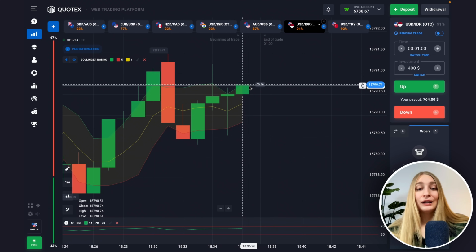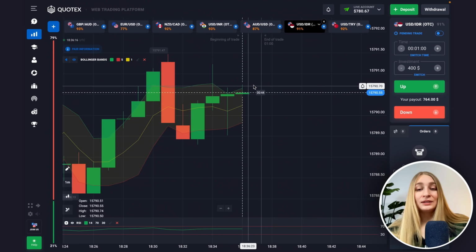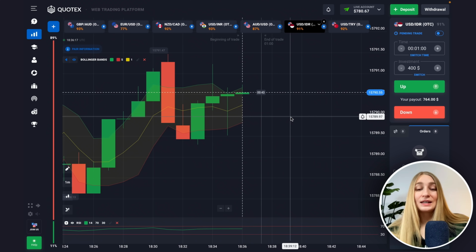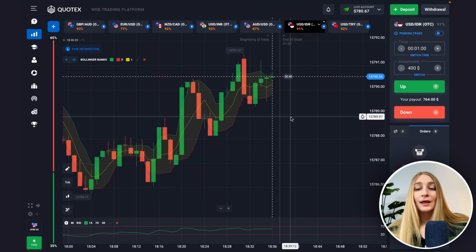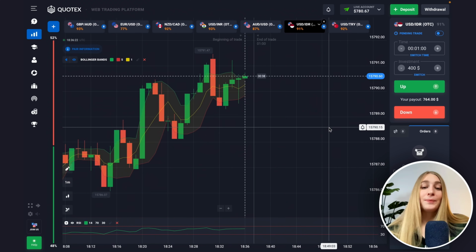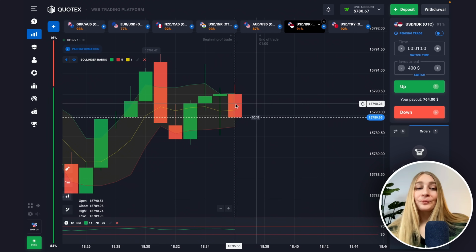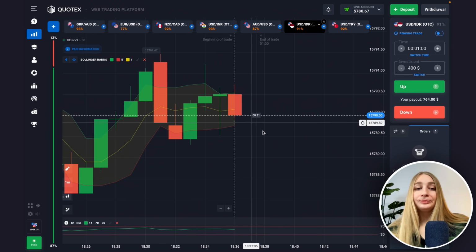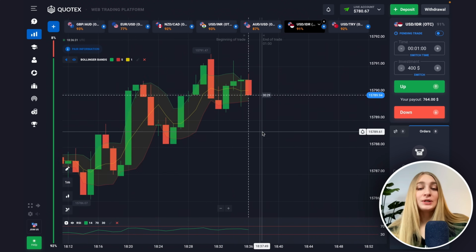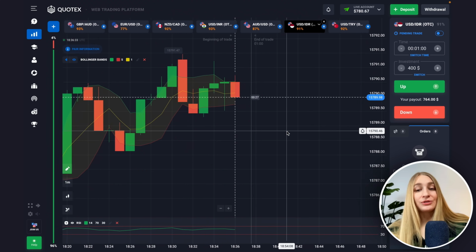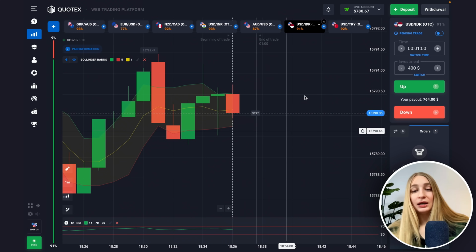And yeah, right now after this doji candle, I see that the graphic is going a little bit up, but still without good strength. Yeah, like this. That's because the candlesticks are changing really fast. Yes.